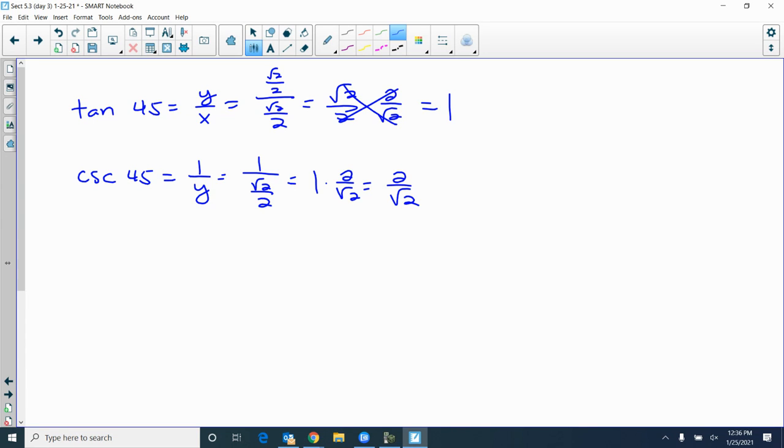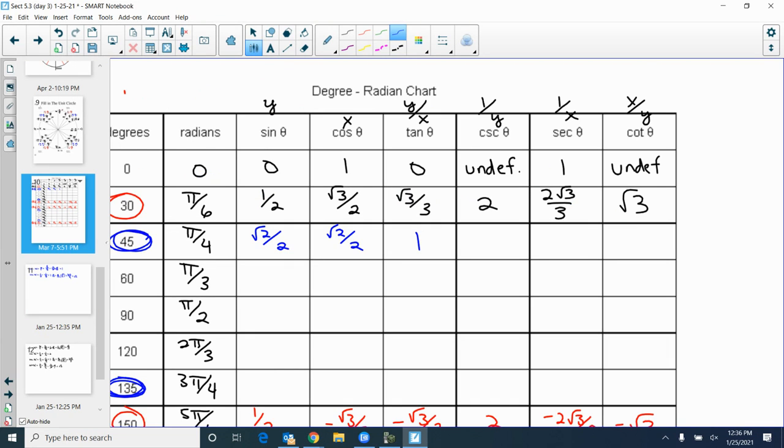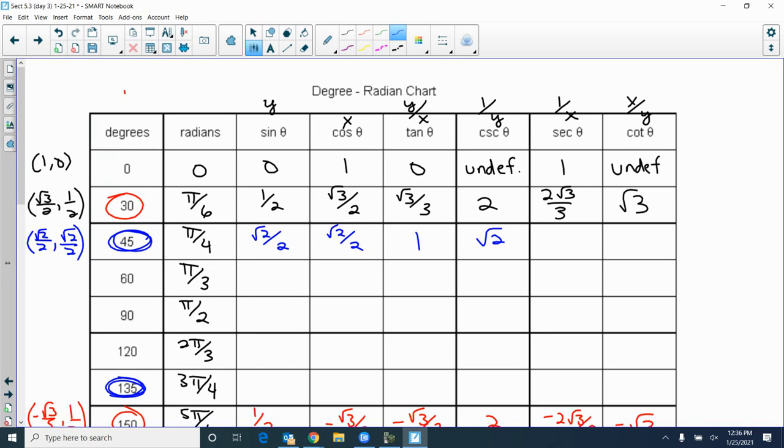But I gotta rationalize the denominator. I get 2 radical 2 over 2. Don't forget those 2's on the outside cancel. You should be left with radical 2. So that is the cosecant. That is also the secant. And the cotangent will just end up being 1. Now you got 135, 225, 315, that's it.